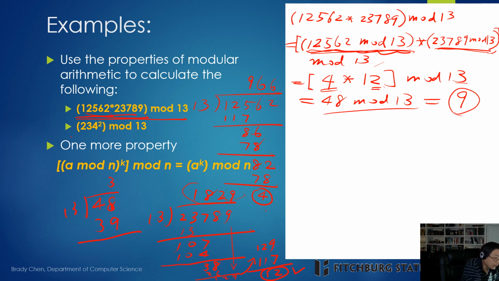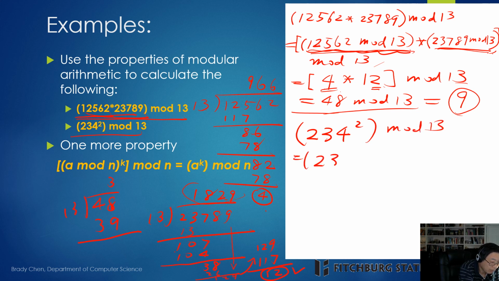Now the second one, it's kind of tricky. It's 234 squared mod 13. Now square is actually this. You can write square as 234 times 234, mod 13.